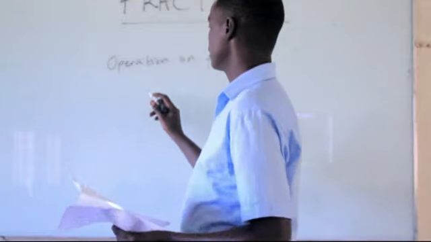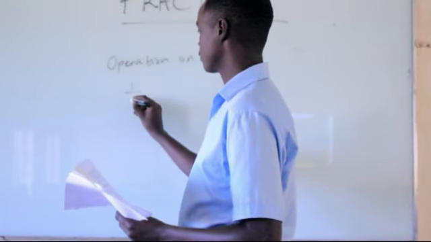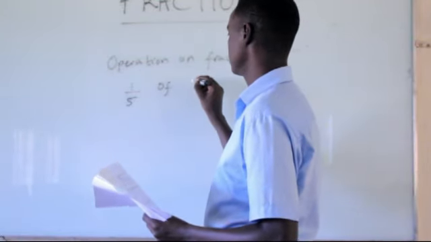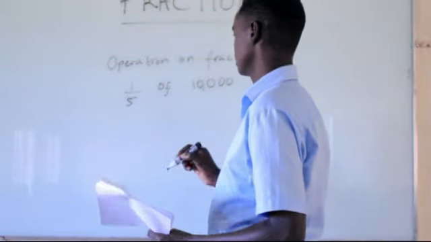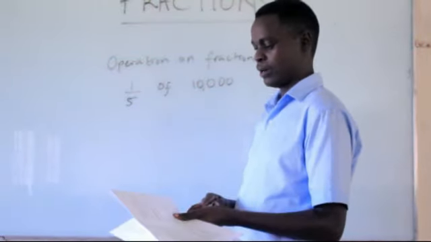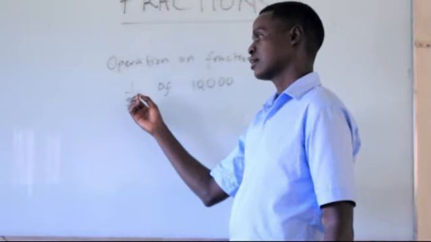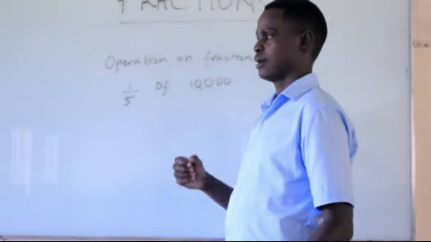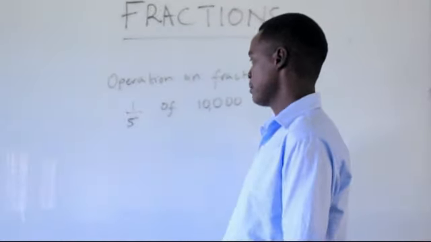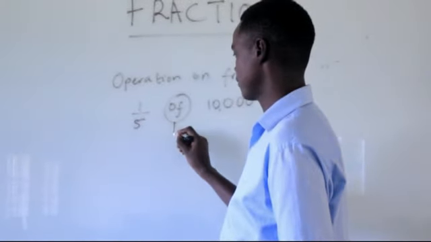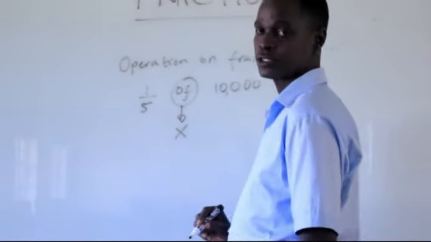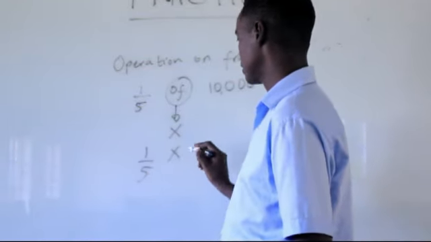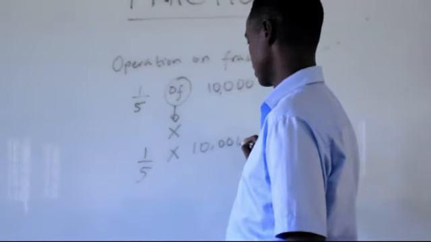For example, if we have 1 out of 5 of 10,000. So they want you to get 1/5 of 10,000. How do you get that? Remember, of stands for an operation called multiplication. So we have 1/5 multiplied by 10,000.